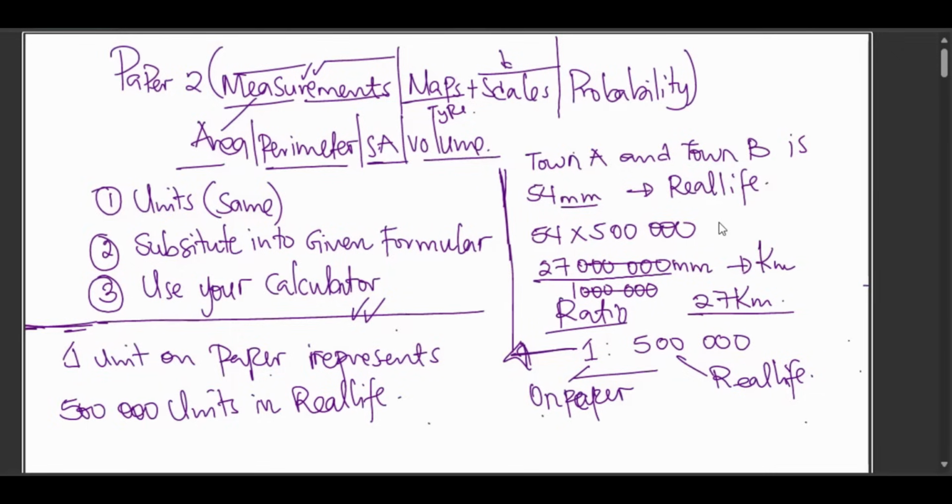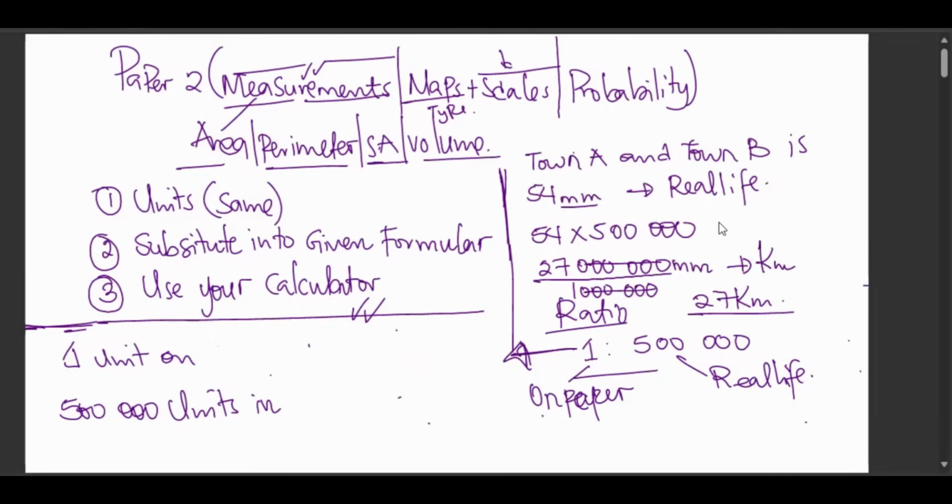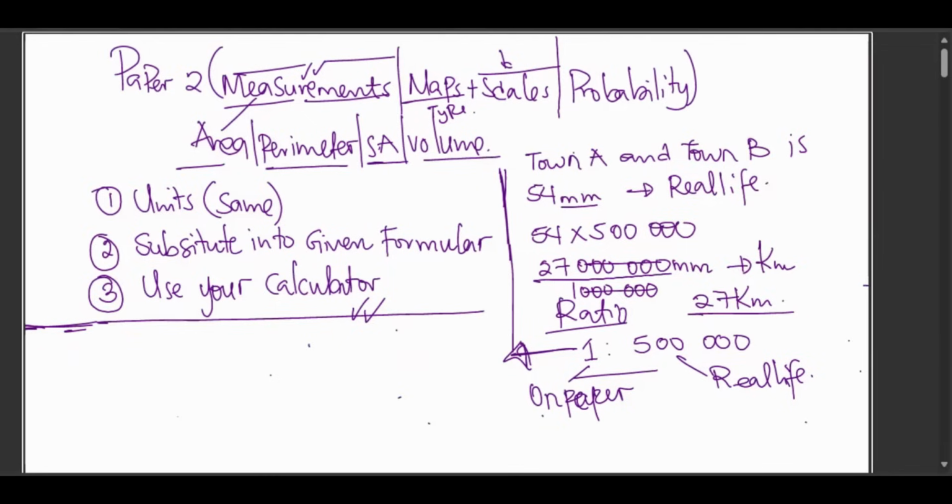Another thing after these maps, I believe you know very well, distance, time, and speed. This is what we expect to see on Monday. They usually use this formula, this triangle here.